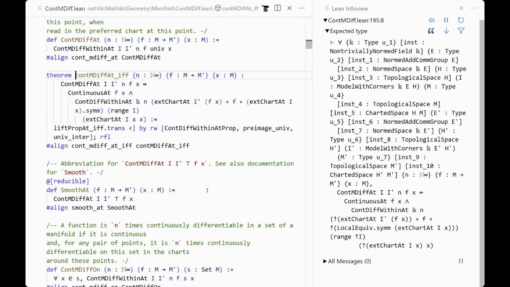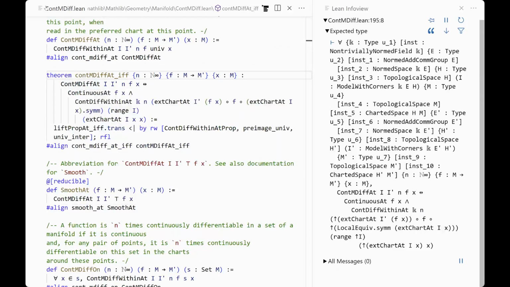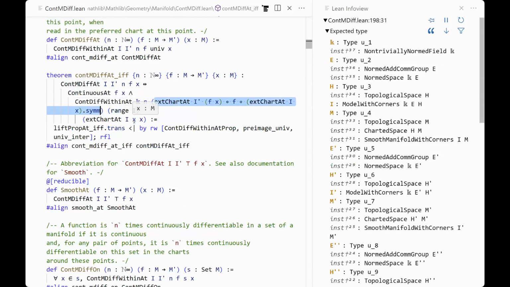So f is a map between two manifolds, M and M prime. To say that the map f is smooth, or n times differentiable at a point, is equivalent to saying it's continuous at that point, and then in these charts, what we see here is roughly the function viewed in the chart.